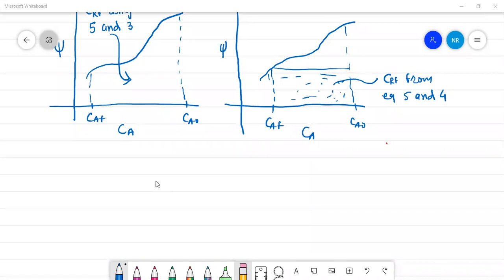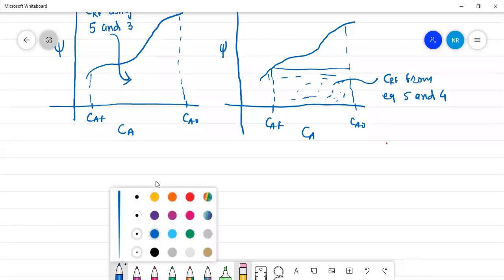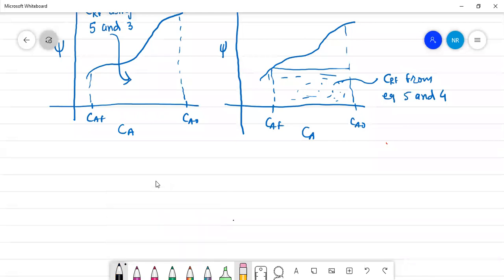So let me write down the example. Using an example we can understand clearly.